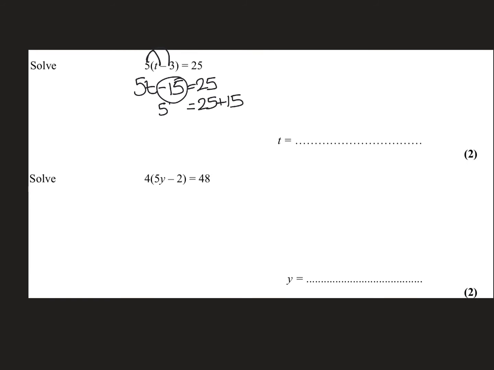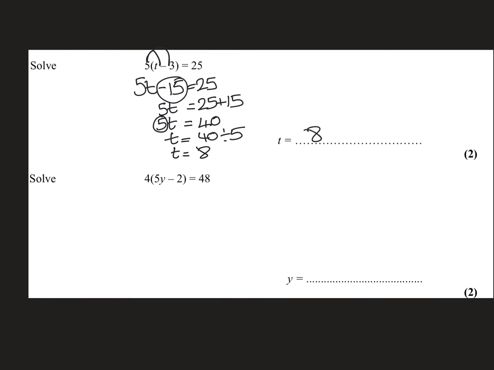That means I have the 5t left on the left-hand side. So 25 plus 15 is 40. Now I'm going to bring this multiply 5 to the other side and change it to a divide 5. So I'm going to have 40 divided by 5. And that's t on its own now. So t is equal to 8, because 40 divided by 5 is 8.